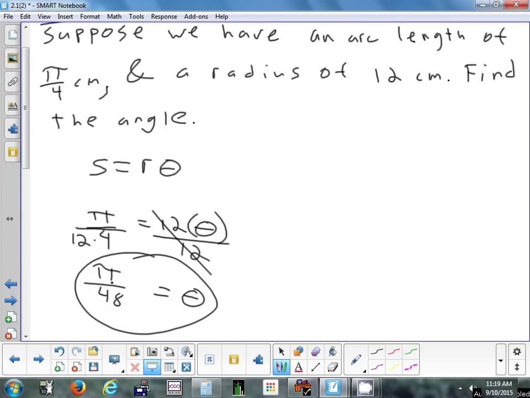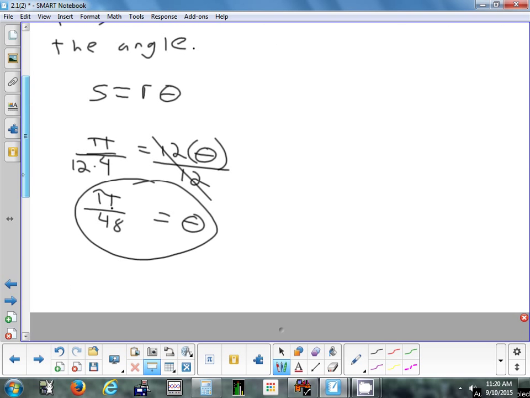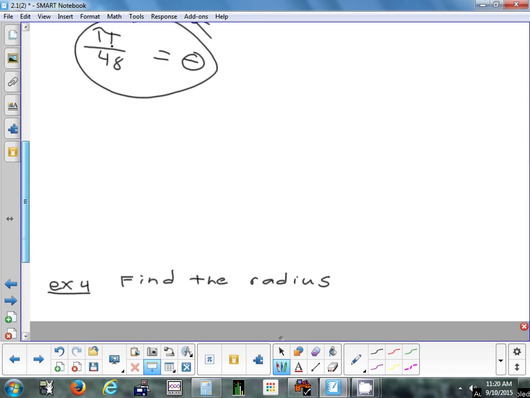Okay, any other questions on that one? All right, let's do one more with this. So we've done finding the angle, we found the arc. Let's find the radius.